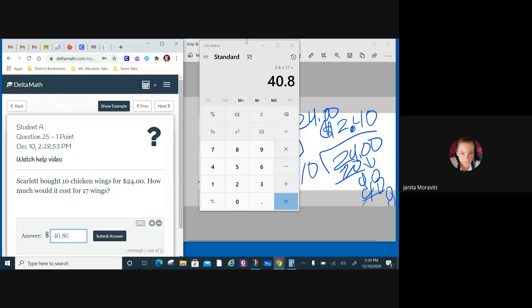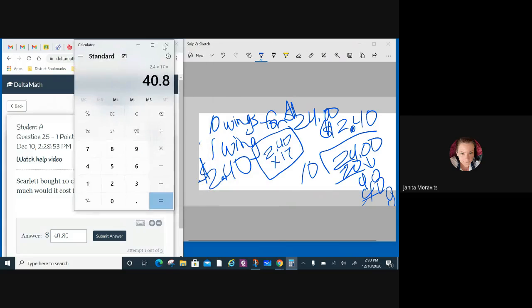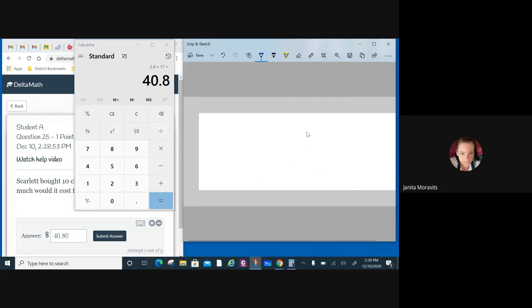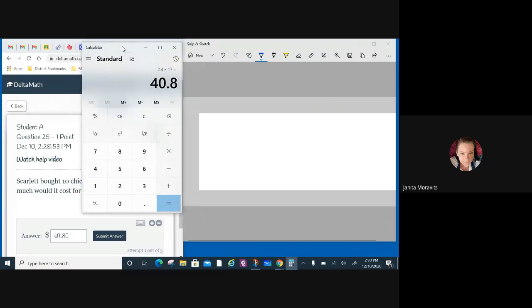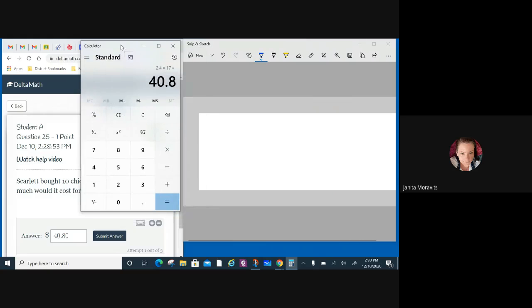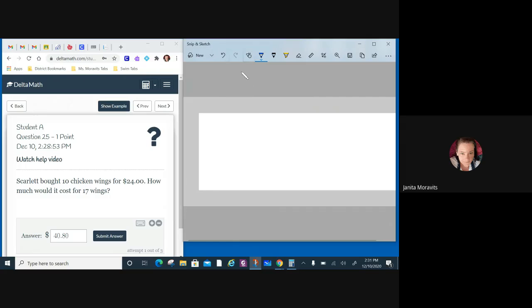And I am going to show you one other way that you can do this, because these are proportions, and that means that they have to be equal ratios. The ratios have to be equivalent. All right, let's minimize that for a moment. If you have 10 wings for $24, you want to know how much you're going to spend on 17 wings, but you don't know that number right there.